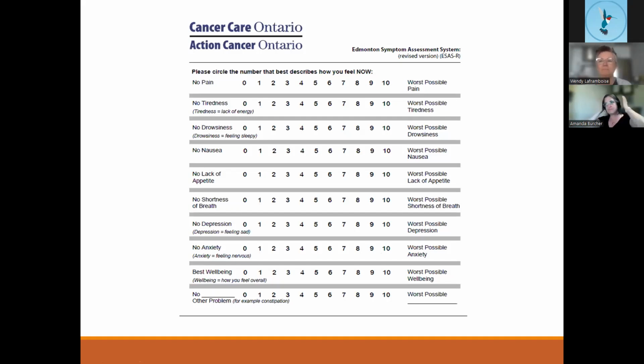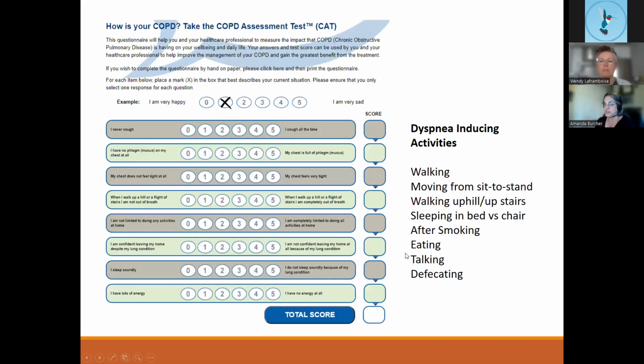So if we identify that there's shortness of breath, I think it behooves us to assess the dyspnea a lot more closely. And I personally like the CAT, the COPD Assessment Tool. It's another tool that you can monitor patients on and score them on over time and watch for a change.